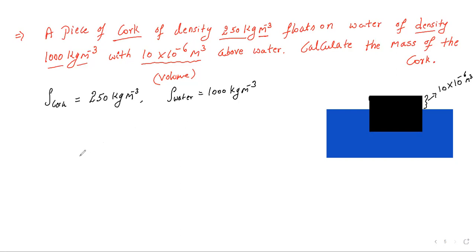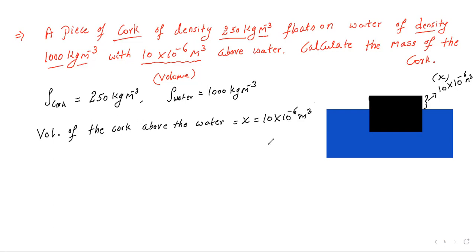Now, volume of the cork above the water, that you can take it as just X. This is the X value, 10 into 10 power minus 6 meter cube.